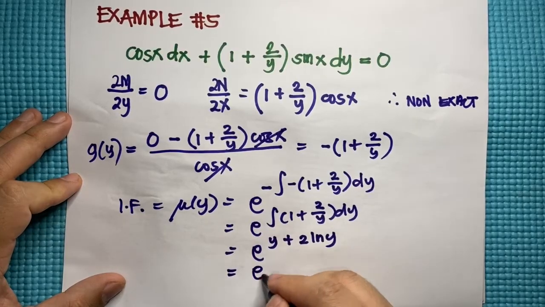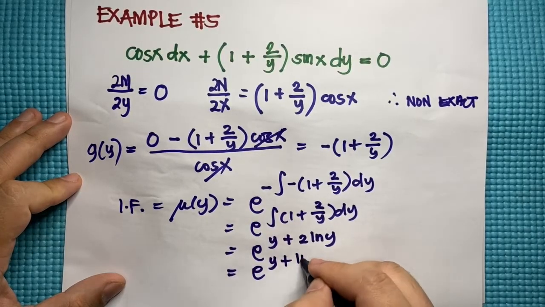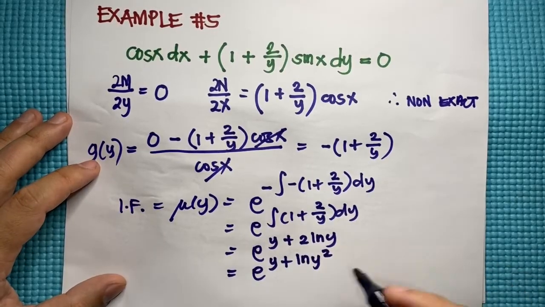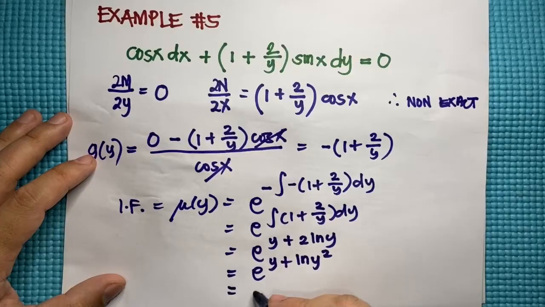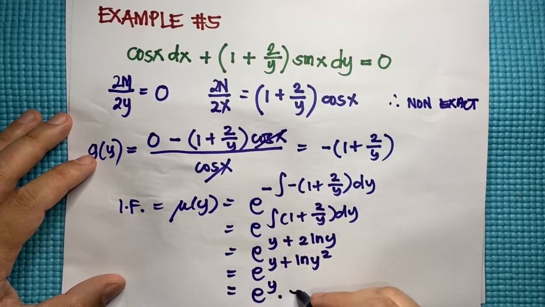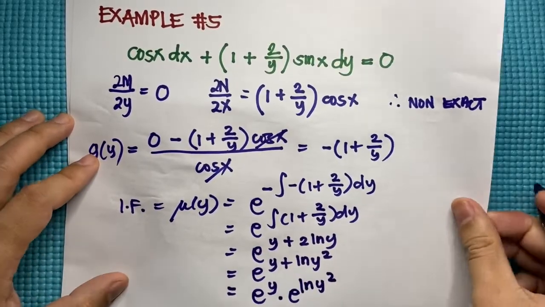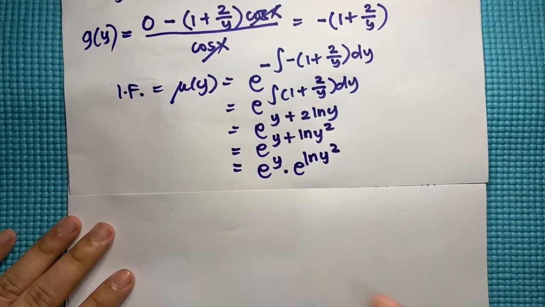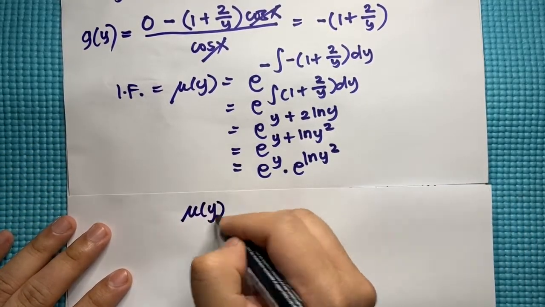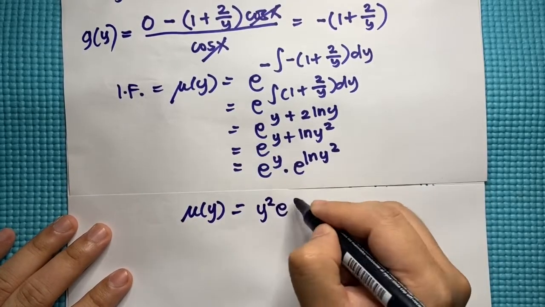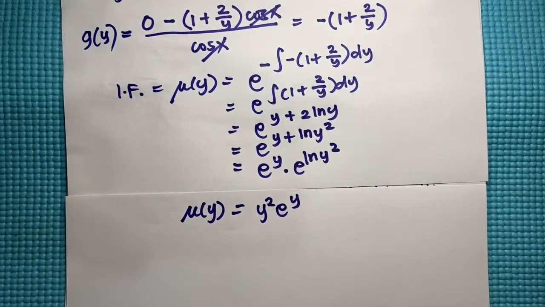Which is the same as e raised to y plus ln y squared, or the same as e raised to y times e raised to ln y squared. So giving us the integrating factor mu of y to be equivalent to y squared e raised to y.